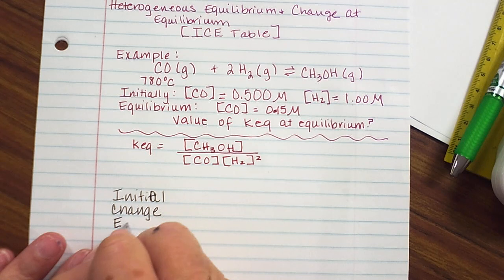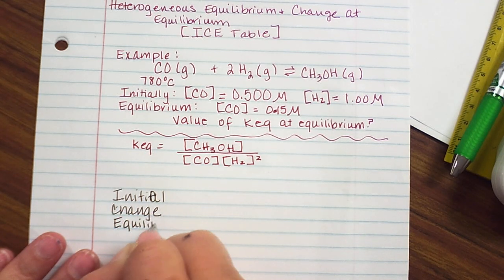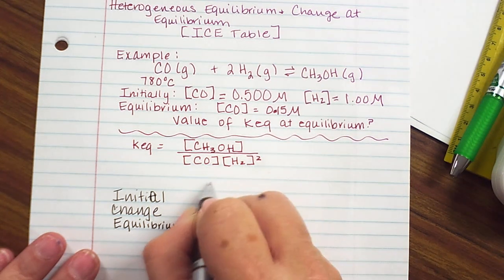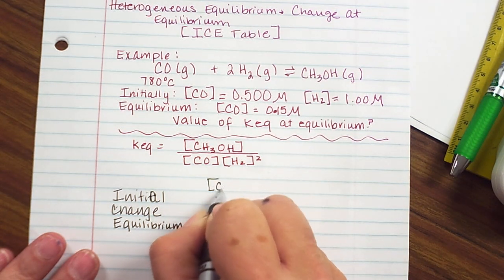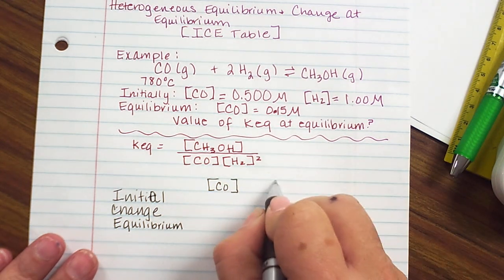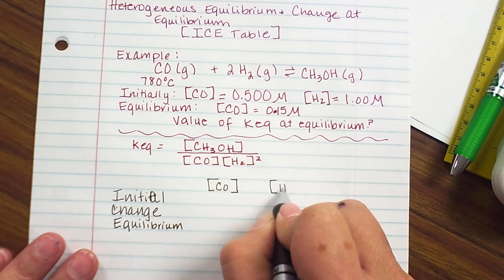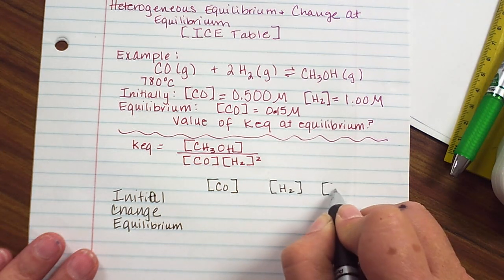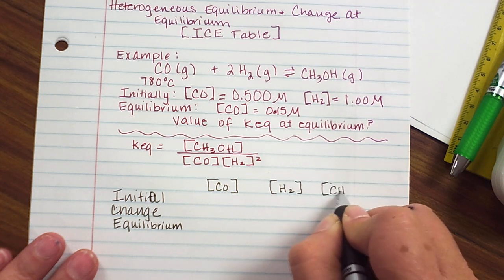And that's where the ICE comes from. And then across the top, we're going to write all of the parts of the equation. So we have the carbon monoxide, we have the hydrogen, and then we have the product, which in this case is the methanol.